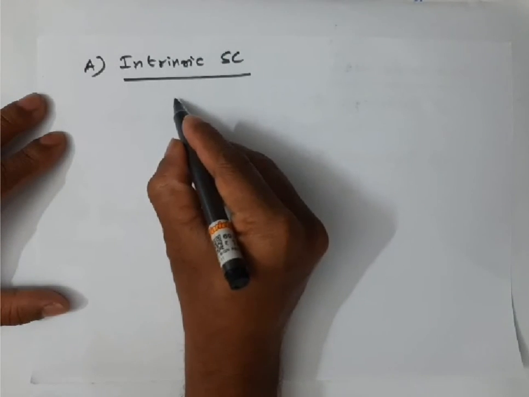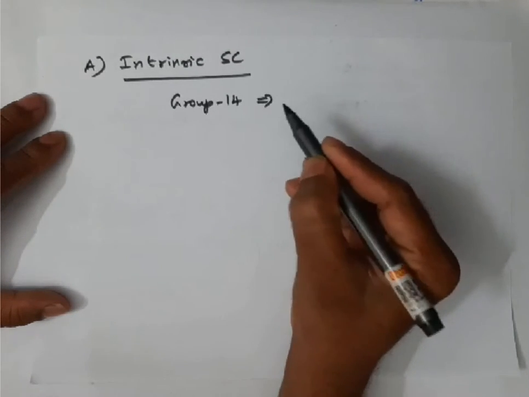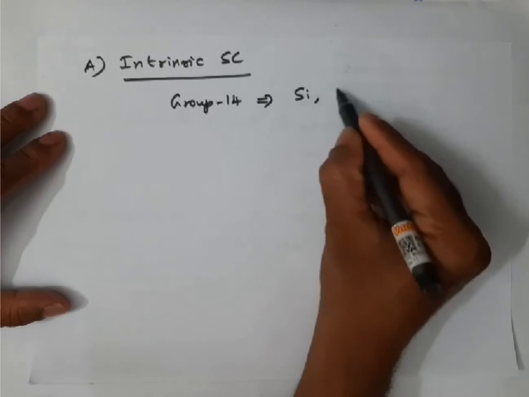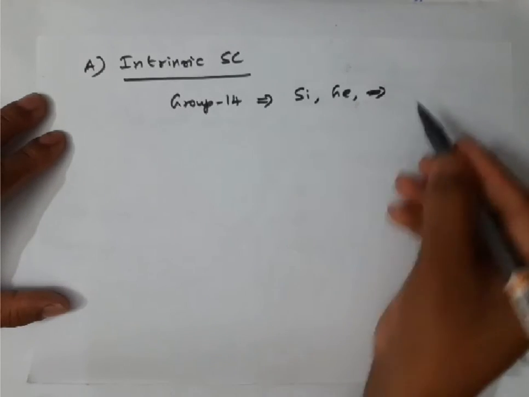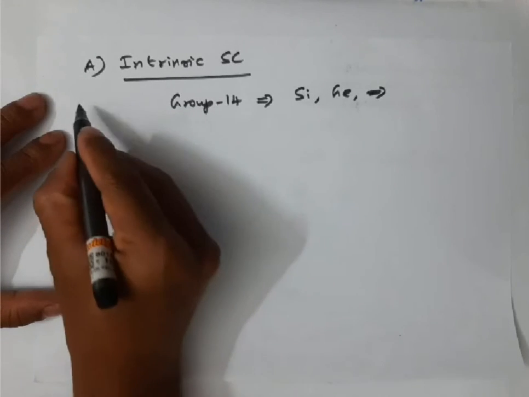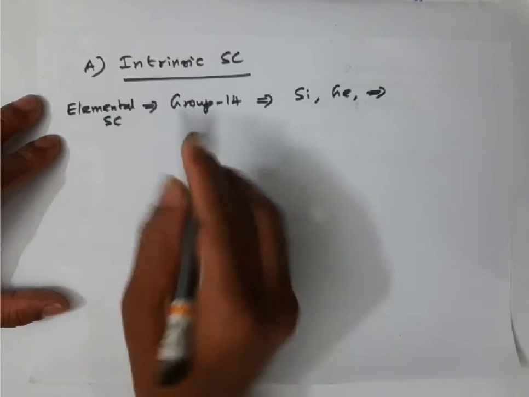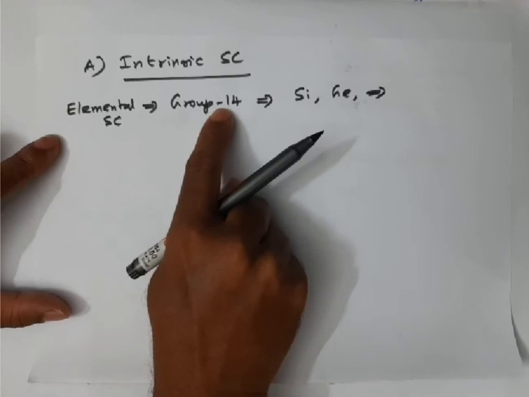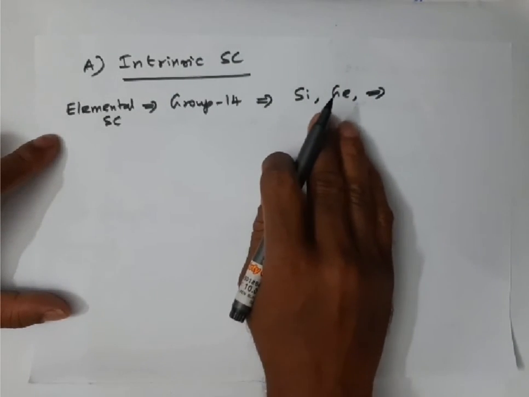In the periodic table, not all elements, but group 14 elements like silicon and germanium behave like intrinsic semiconductors. This is elemental semiconductor. For elemental semiconductor, we have chosen group 14 elements, silicon and germanium. They behave like semiconductors. These are examples of elemental intrinsic semiconductor.